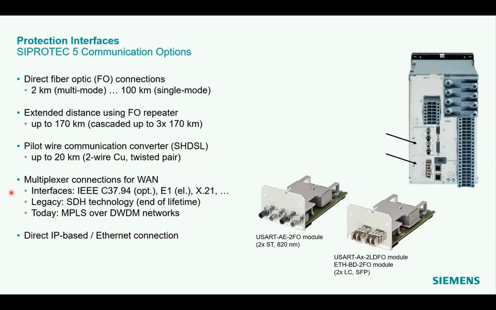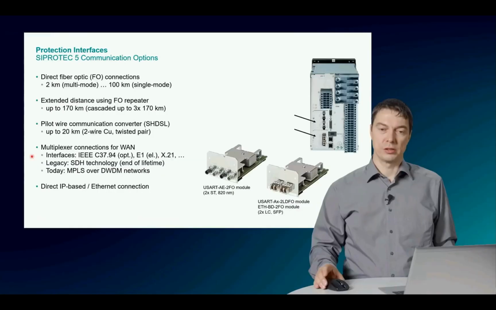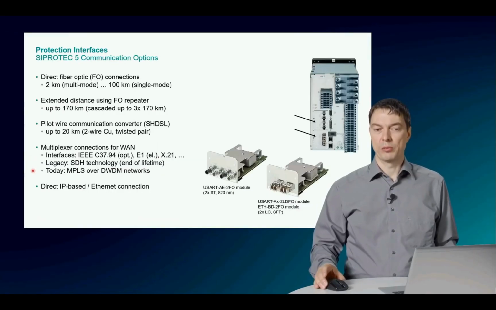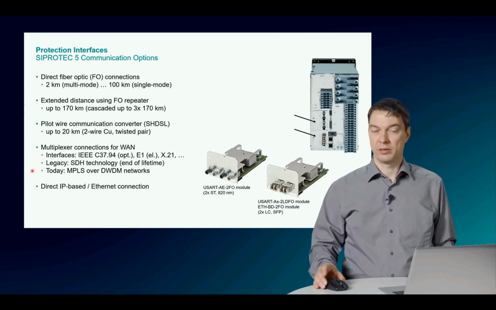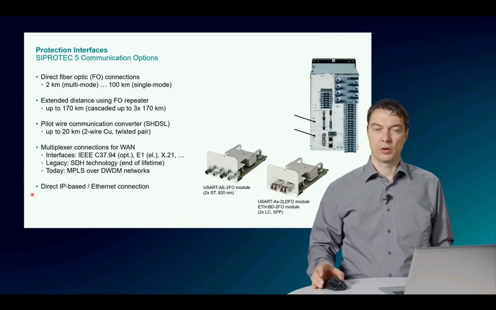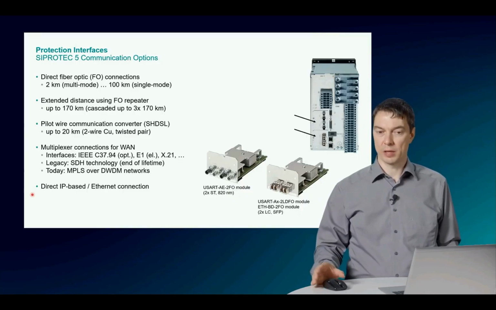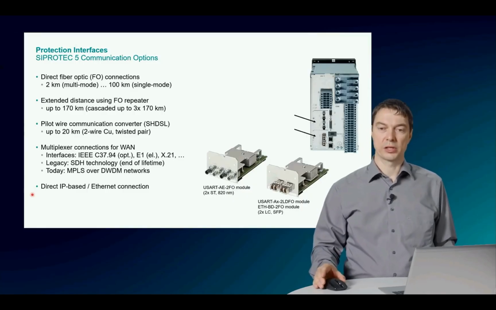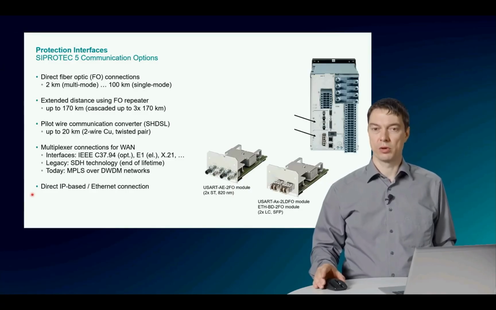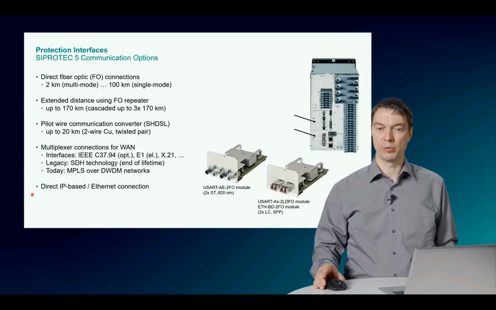So today we're using communication over MPLS networks. And we will have a look at this one later. And the latest option you have is the direct IP-based Ethernet connection for the line differential communication over Ethernet networks. We will give you a presentation on this also later.